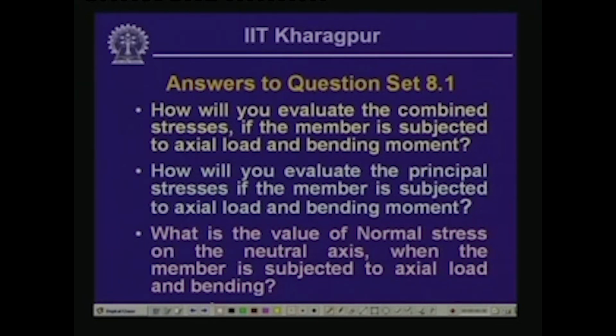The first question which was posed was, how will you evaluate the combined stresses if the member is subjected to an axial load and bending moment? That means a particular member is subjected to not only the axial load, but also a bending moment. In such a situation, how do you calculate the combined stresses?